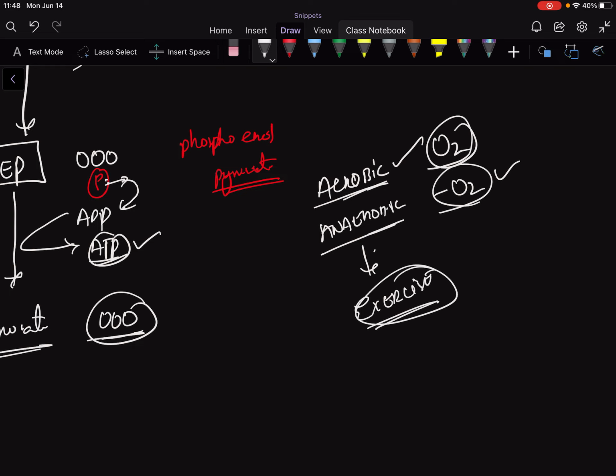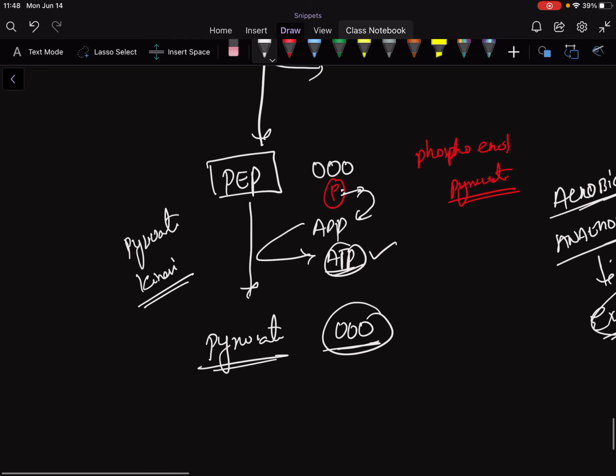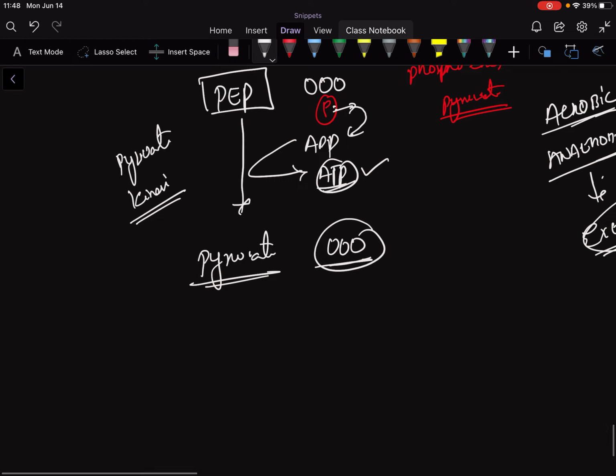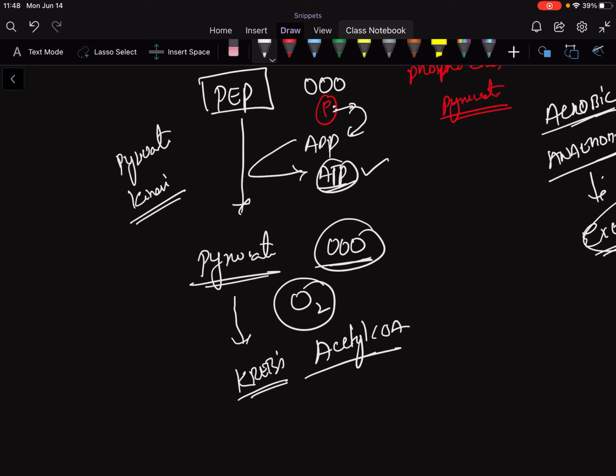During vigorous exercise there is a lot of decrease in the oxygen. Normally this pyruvate will enter the Krebs cycle and form acetyl CoA in the presence of oxygen. This is aerobic glycolysis.